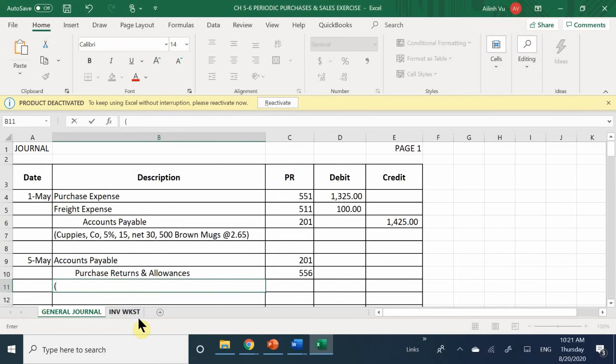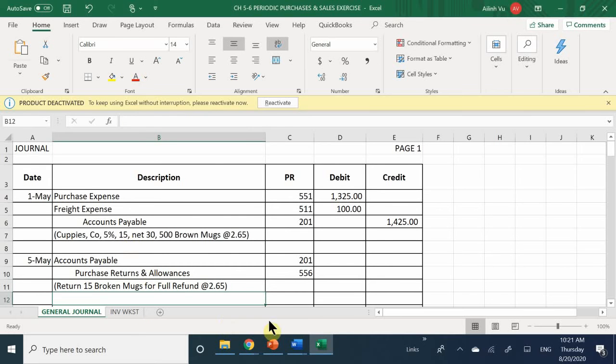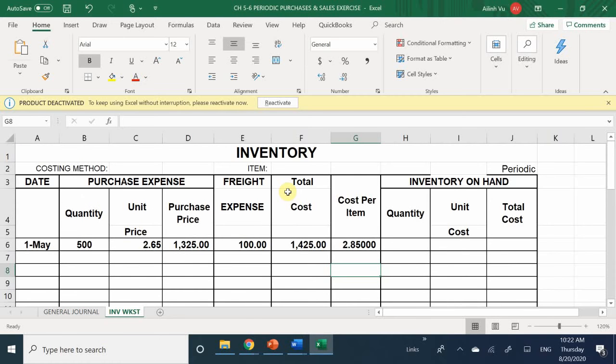How many broken mugs did we return? 15. 15 broken mugs. Return 15 broken mugs for full refund at $2.65.